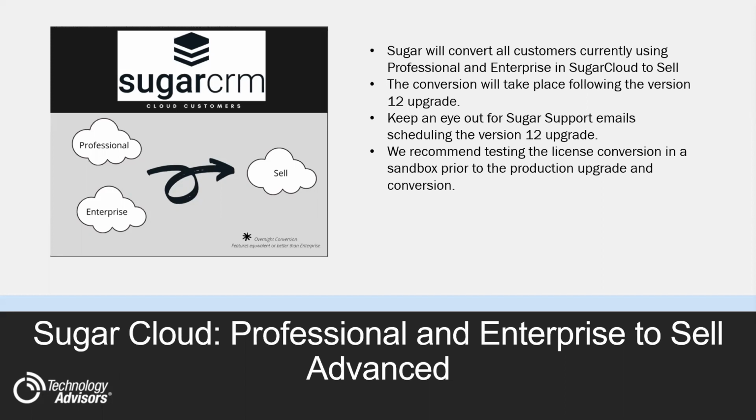One thing that's important to note with this conversion: Sugar is not removing any functionality that you're using today. This is really like a license switch. As part of Sell Advanced, Sugar is also going to be unlocking some features that weren't previously available out of the box in Sell. Those features are legacy workflows, the Cases module, and the Projects module.